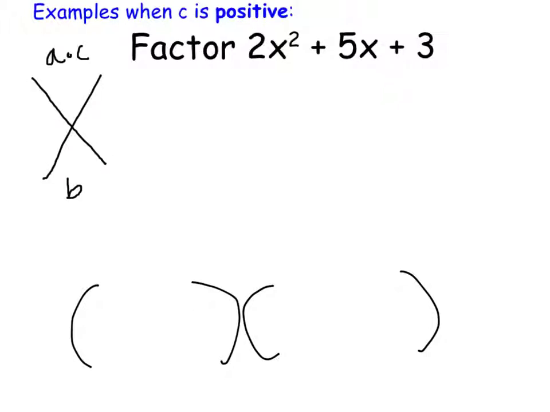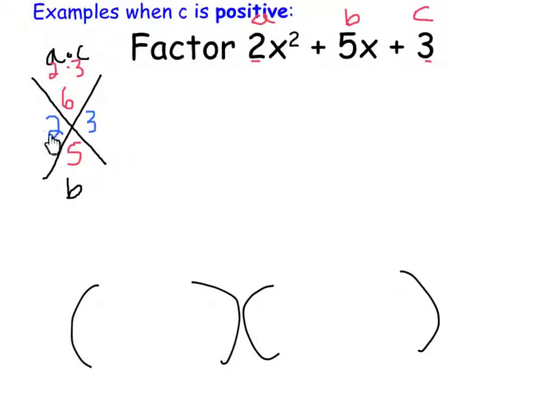So first thing I have to do is take A and multiply it to C. So 2 times 3 is 6. It has to add up to B, and B is 5. So what times what is 6 but adds to 5? And the answer will be 2 and 3.